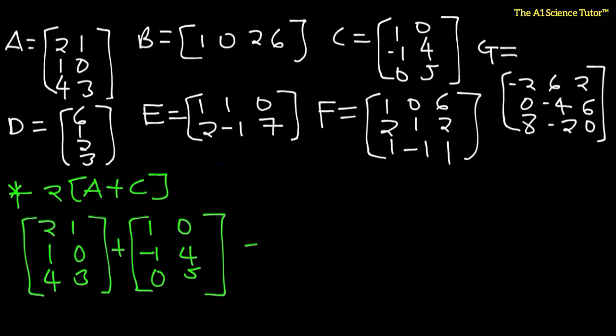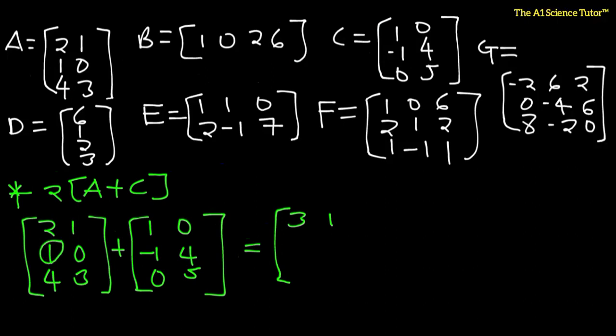Now let's find the answer to that. This actually comes off easy. Every element in each position chooses its partner in the other matrix and gets added. So this is 2 plus 1, which gives us 3. This is 1 plus 0, which gives us 1.